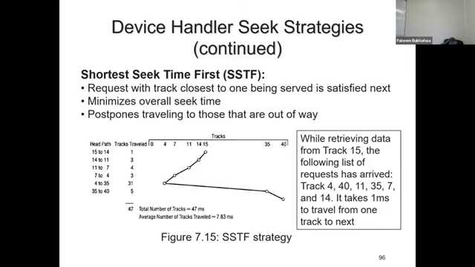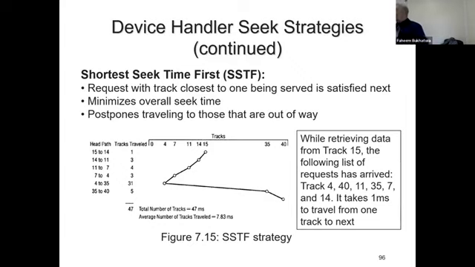Each time you go from one to the next, you write how many tracks you have to go across. That's very simple, you just subtract the 2 numbers, the smaller from the bigger, and you get the number of tracks moved, or the length of time spent, in thousandths of a second. When you add them up, they come to 47. Divide by 6 to get the average, about 7 milliseconds.